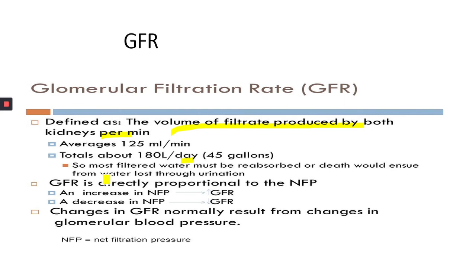GFR is directly proportional to NFP. What type of proportion is it? It is not inversely proportional, it is directly proportional. GFR is directly proportional to net filtration pressure. If NFP increases, the glomerular filtration rate also increases.